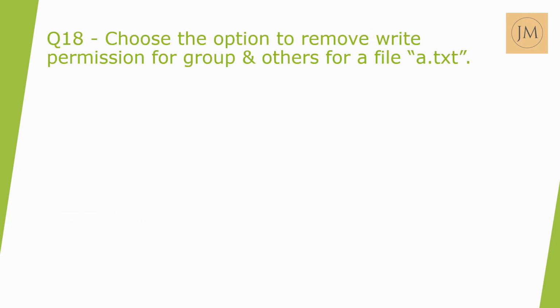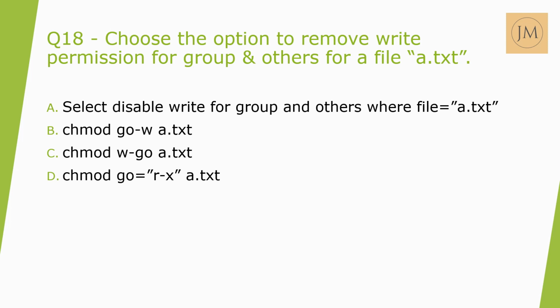Next question, choose the option to remove write permission for group and others for a file, that is a.txt. So the file name is a.txt and you need to remove write permissions for group and others. So the option A is disable write for group and others where file equals to a.txt. Option B, chmod go-w space a.txt.